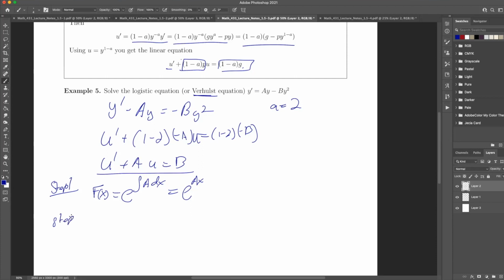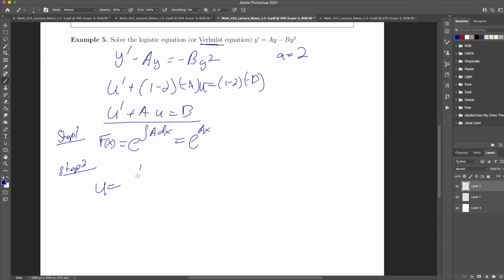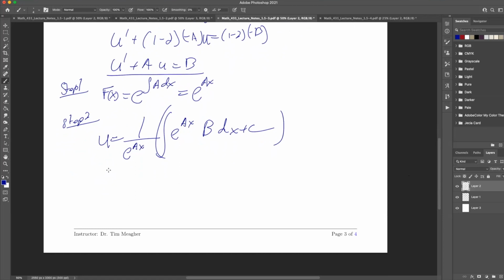So step 2 is u equals 1 over my f, which is e to the ax, integral of e to the ax times my r, which in this case is b, dx plus c. All right, so let's crunch through this.